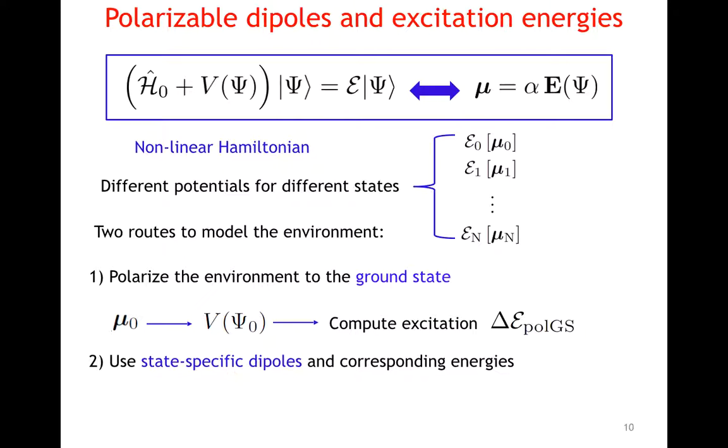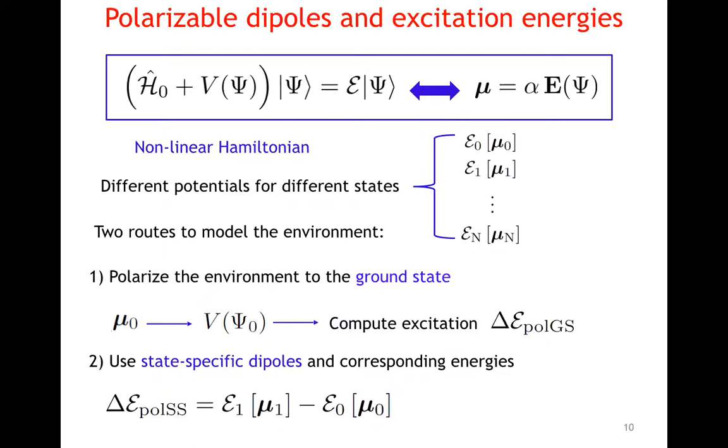A second step is instead to use state-specific dipoles and the corresponding energies, so to compute the so-called state-specific excitation, where the energy of the excited state is computed in the potential generated by the optimal dipoles for the excited state electronic distribution, and the excitation energy is computed taking the difference of this quantity with the energy of the ground state computed in the presence of the optimal ground state dipoles.